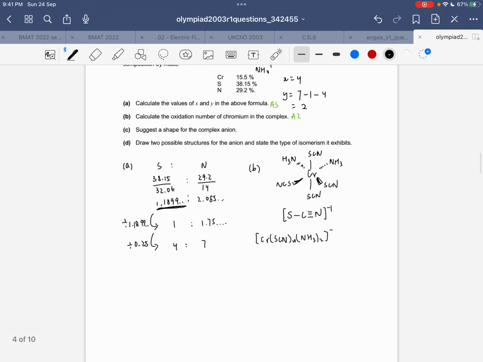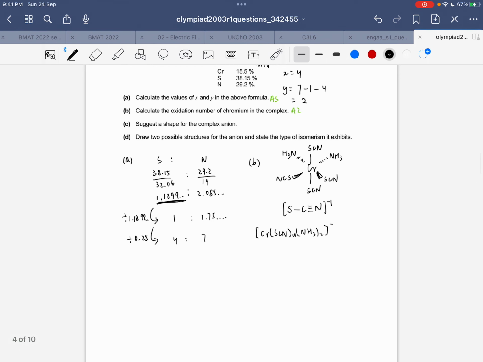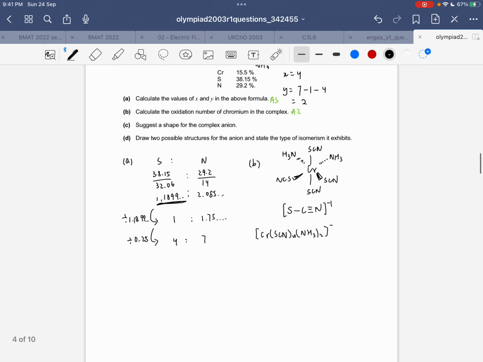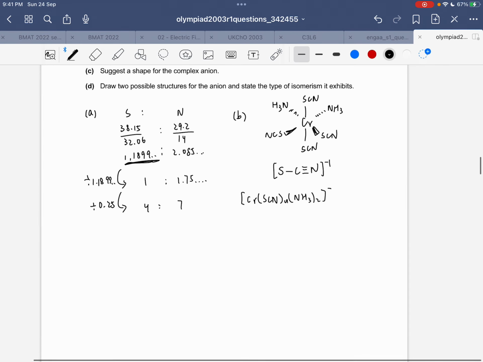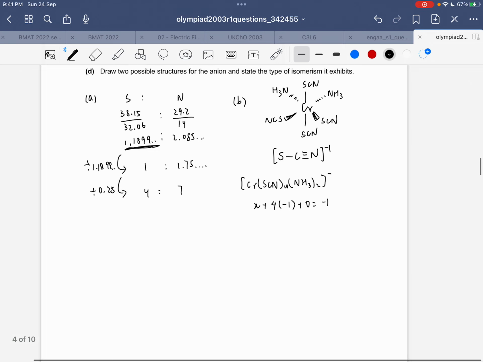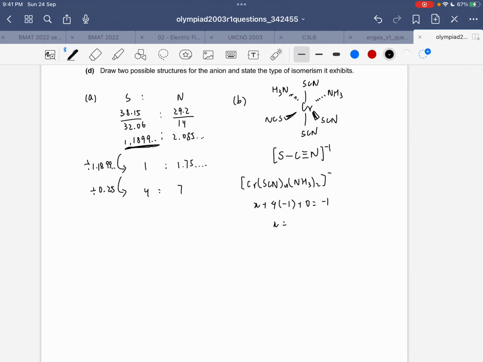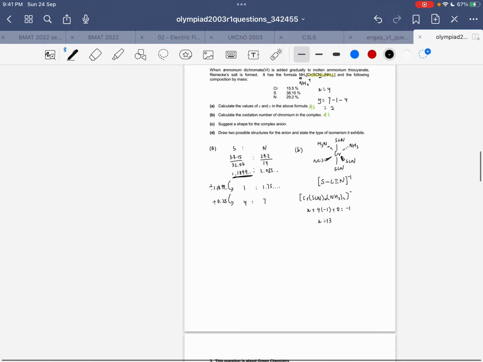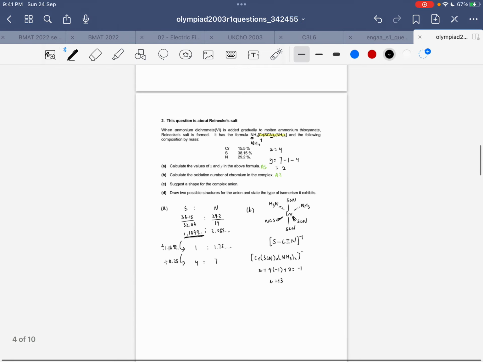So we just have to consider the oxidation number of each of the elements in this complex. So chromium is X, plus 4 times -1, plus 0, equals -1. Therefore X equals +3. So this is our answer for B.